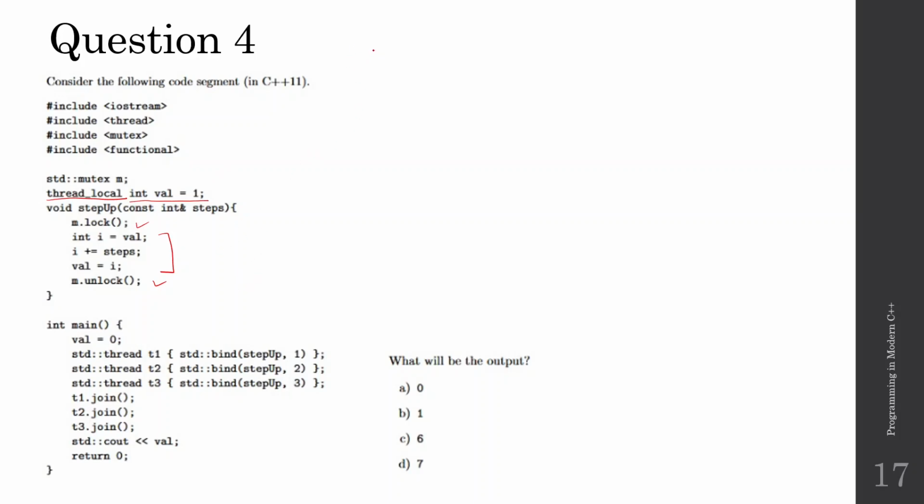So let me write it here: all threads have their own copy of the variable.